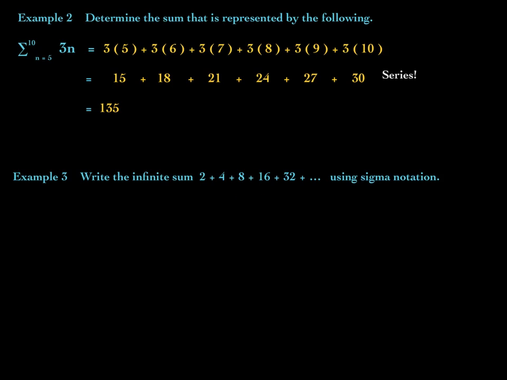What's the pattern here? That's the key, identifying the pattern. So I'm noticing that these numbers are all powers of 2. Like 2 is the first power of 2, 4 is the second power of 2, 8 is the third power of 2, 16 is the fourth power of 2, and 32 is the fifth power of 2.